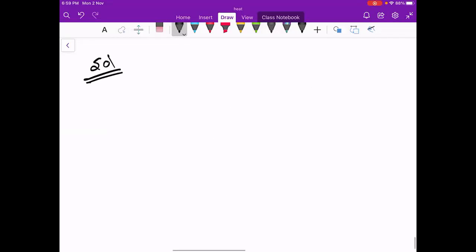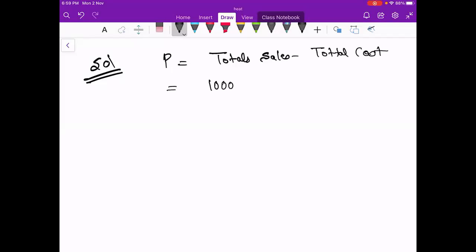So we know what the profit formula is: total sales minus total cost. What is total sales? 1000 into n. What is total cost? 20,000 plus bracket 500 plus 0.2 n to the power 1.3 into n, bracket close.